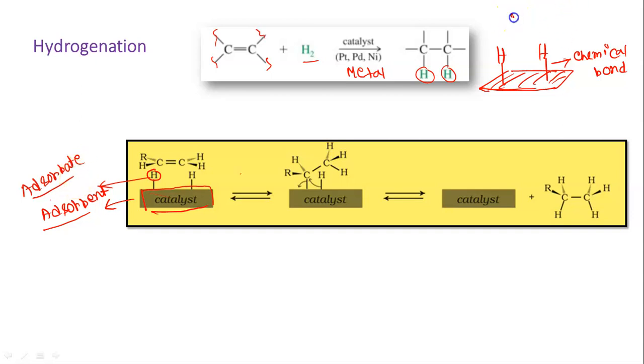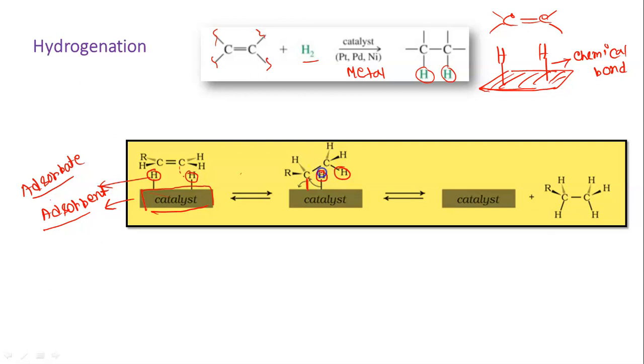Next, what will happen? The alkene will approach towards this metal surface, and only when it is very close to hydrogen, then one of the hydrogens that is already attached will add to this carbon, and the other carbon makes a bond with the surface of the catalyst.